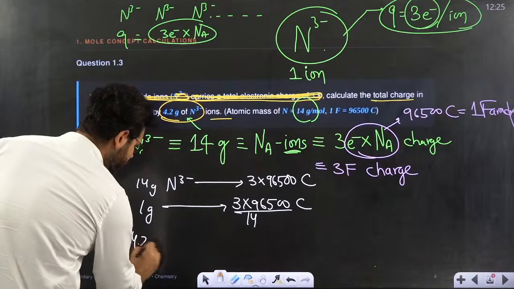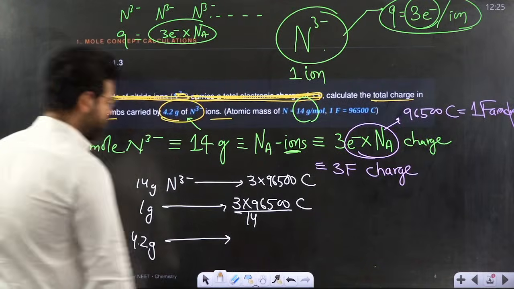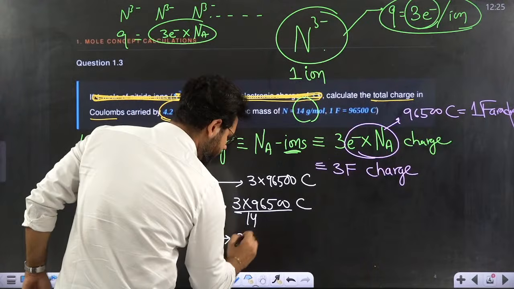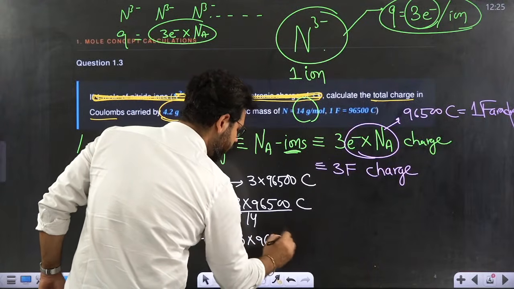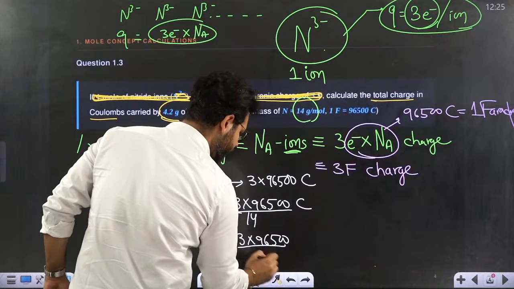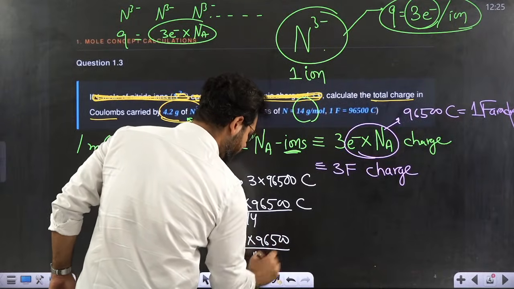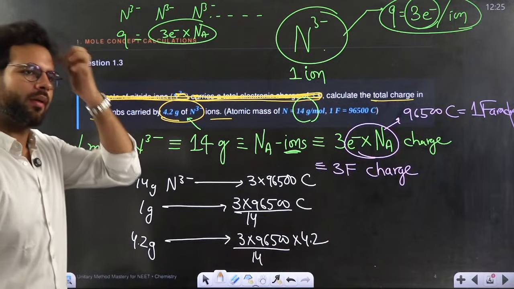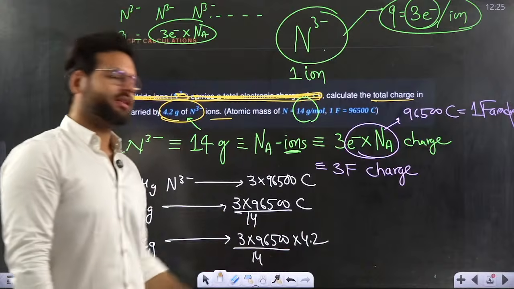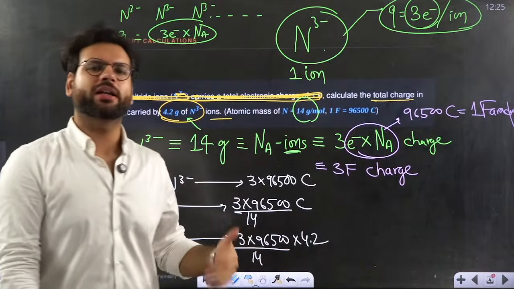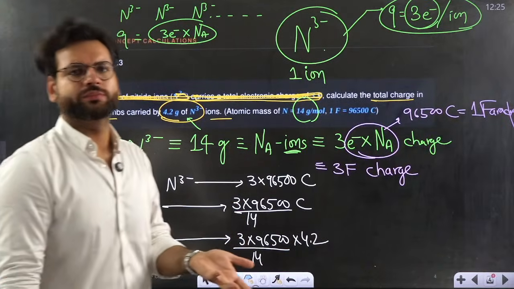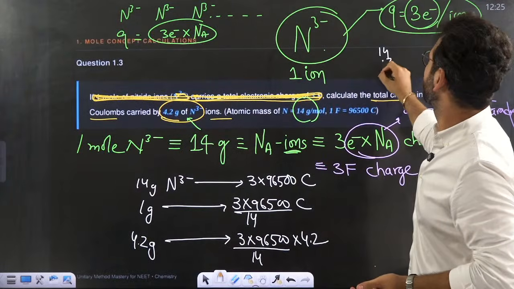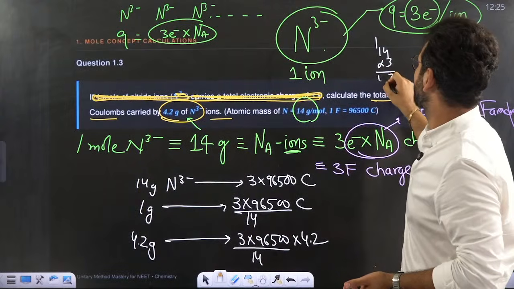And for 4.2 gram, it is going to be 3 into 96,500 by 14 into 4.2. Okay. 14 3 times is what? 14 thrice is 42. Okay.